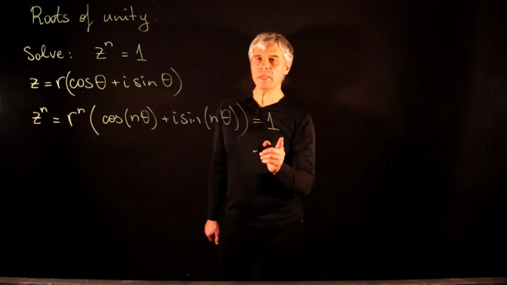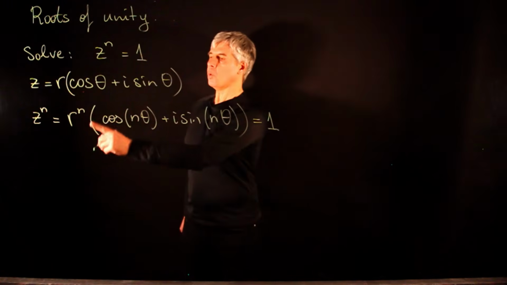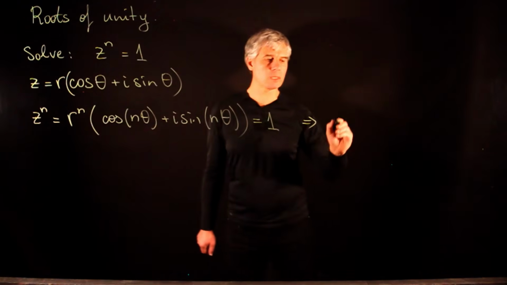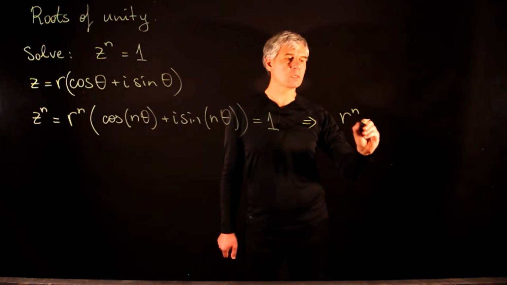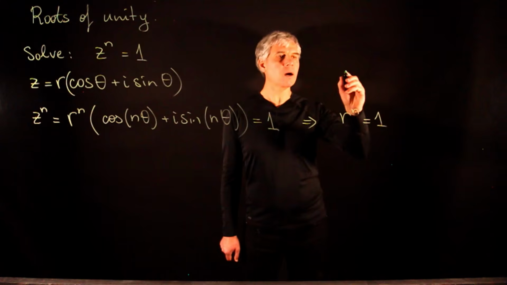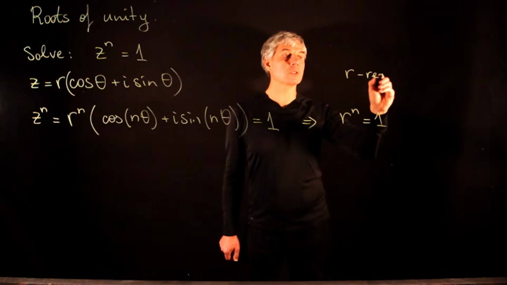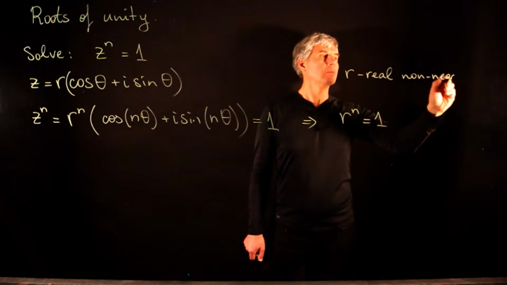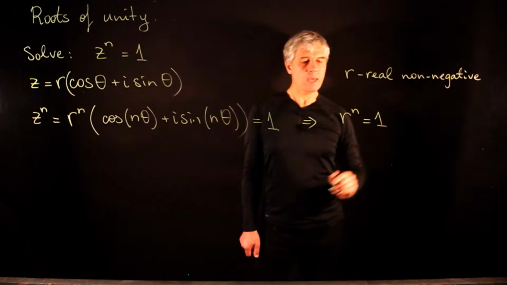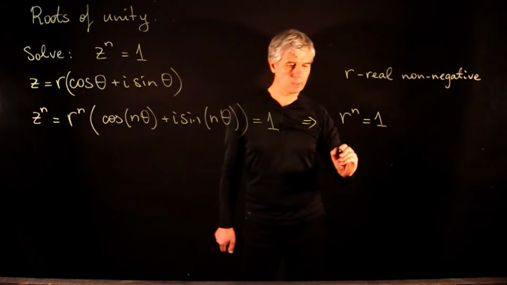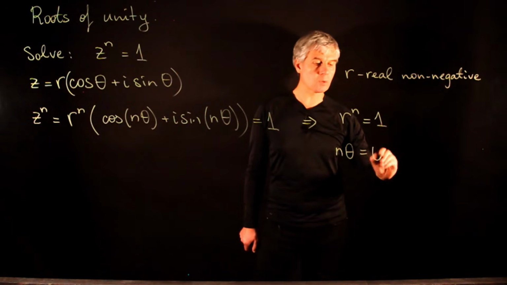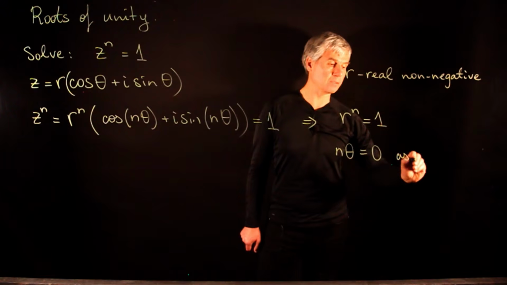If we equate this to 1, we're equating norms and arguments. So it follows that r to the power n is equal to 1, but r here is real non-negative. And the argument n theta is equal to 0, but this is as angles.